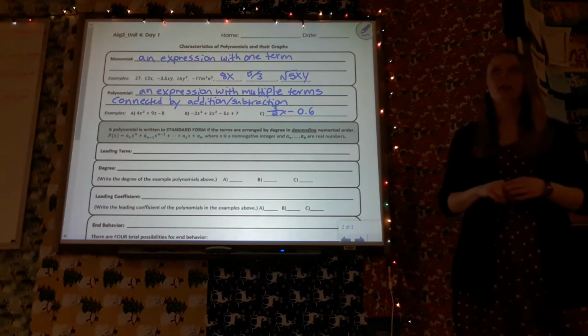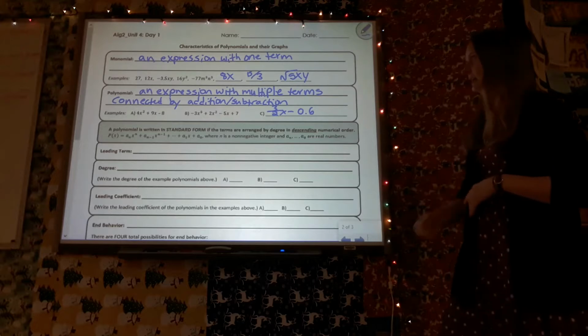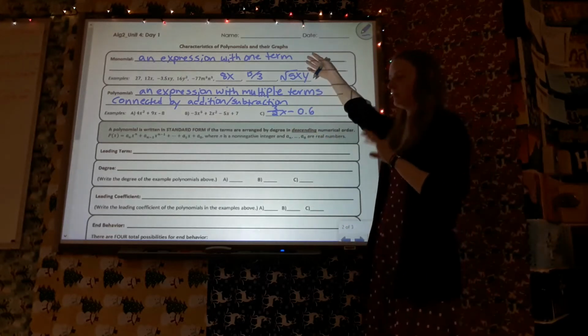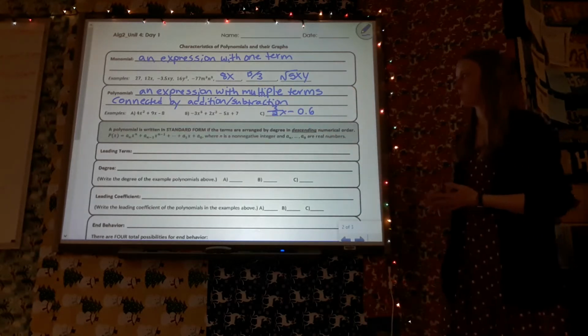That would be a linear, or a binomial here, a linear function. Again, as long as you have more than one term, it's considered a polynomial. Or even a monomial is, but more consistently we call polynomials things that have more than one term.